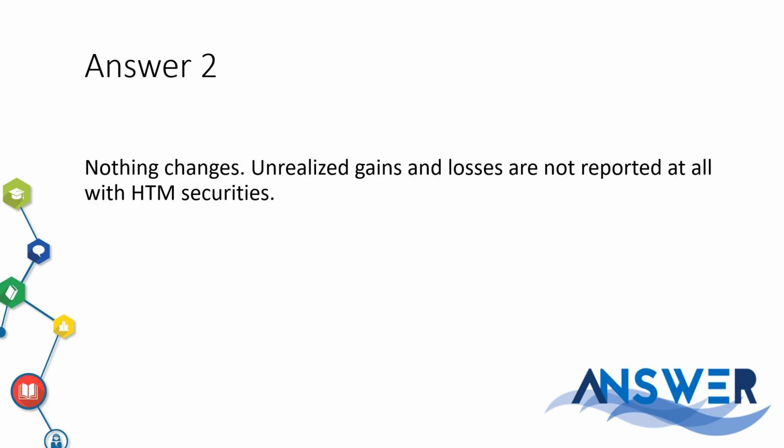Unrealized gains and losses are not reported at all with held to maturity securities. If you hold a bond in a company and you plan to hold it for 10 years until it matures completely and it pays back, even if the market value of that bond goes up or down because of changes in interest rates, for example, you are not going to report any of that on the financial statements.